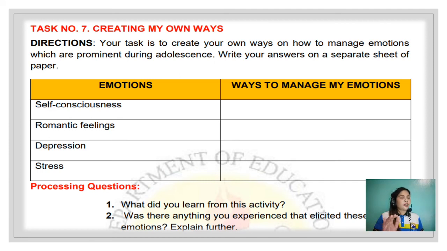We mentioned a while ago that self-consciousness, romantic feelings, depression, and stress are the emotions prominent during adolescence. In the second column, you have to think of ways on how to manage these emotions. After answering it, you have to answer also the processing questions. First, what did you learn from this activity? And second, was there anything you experienced that elicited these emotions? You have to explain further.